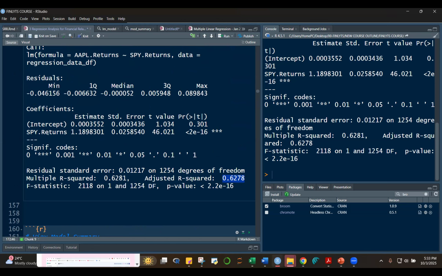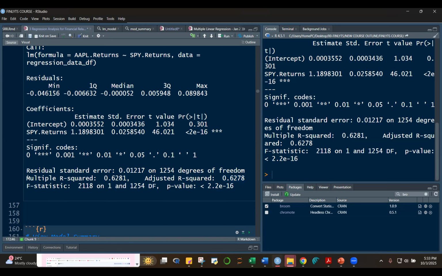Our variable is SPY returns, right? So SPY returns can explain 63% of the variability of Apple returns. What about the 37%? It can't explain that. It means that maybe you have to add more predictors in order to improve this adjusted R squared.